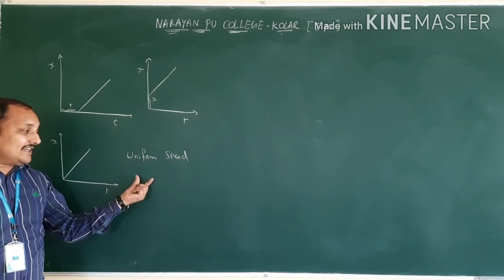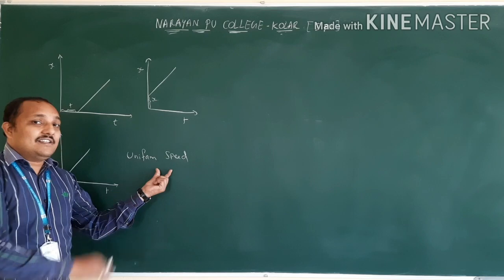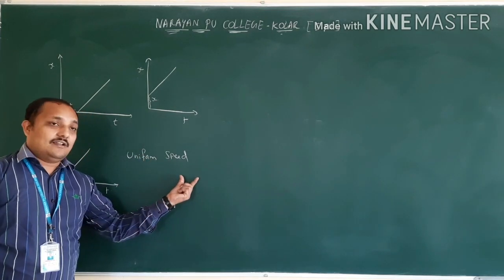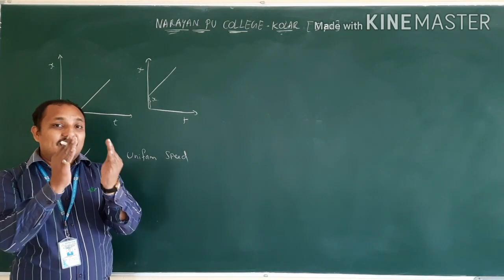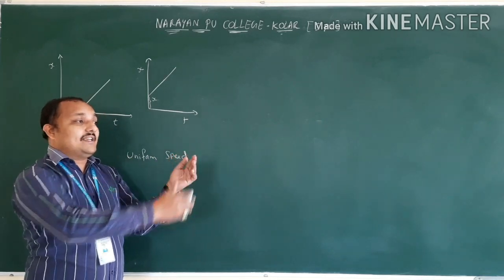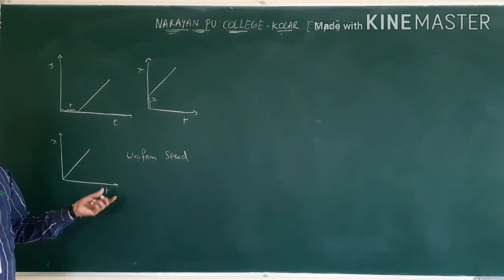Assume in 1 second velocity increases 5 meter per second, in another second also 5 meter per second, and in the third second also 5 meter per second. In each and every second, how much is adding? 5 meter per second is adding. Isn't it? That is nothing but uniform acceleration.